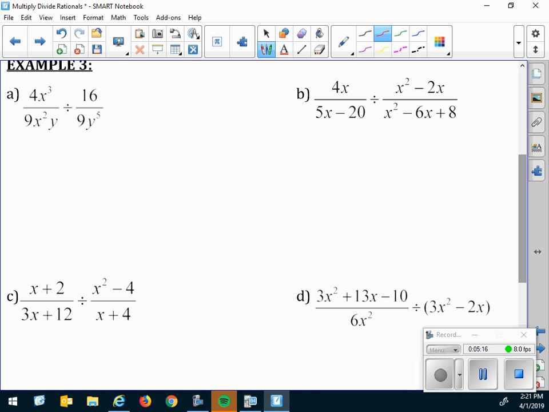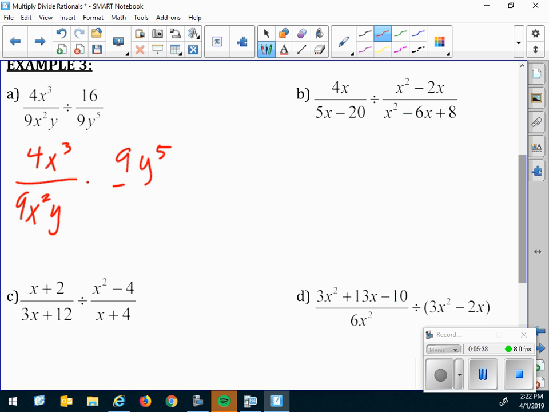Look at A. 4x cubed over 9x squared y divided by 16 over 9y to the 5th. Okay. So I'm going to write 4x cubed over 9x squared y times what?